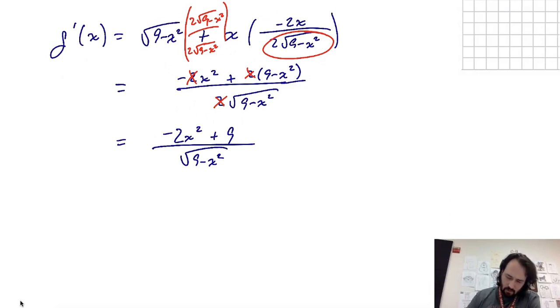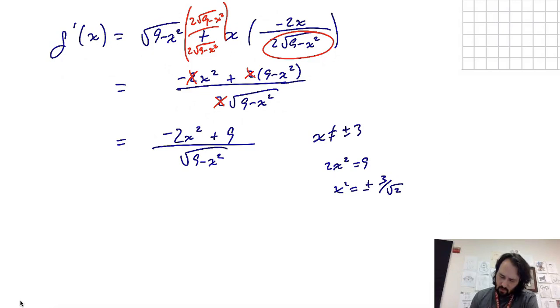Interesting. All right, so now, right, x cannot be plus or minus 3, but those are already my endpoints, so I know I'm not differentiable there. I'm not going to worry about those so much. But if I solve for when it is equal to 0, that would give me 2x squared equals 9, so x squared equals 9 over 2.